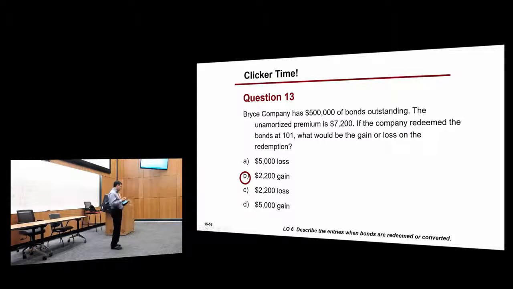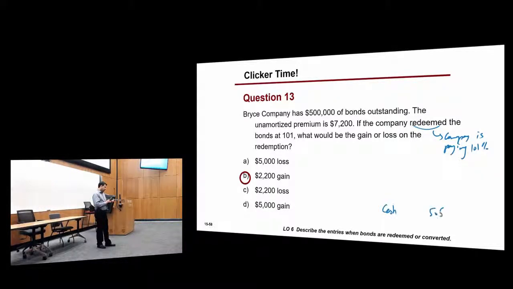The company is redeeming and paying 101%. So how much would the company be paying in cash? 505,000, right? So we will credit cash 505,000.